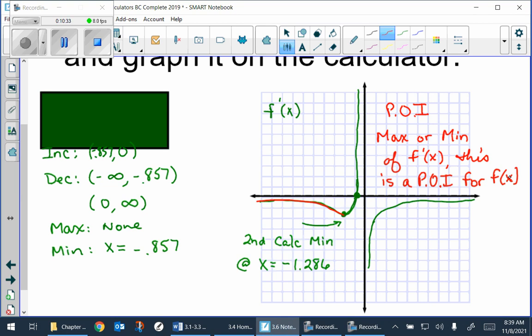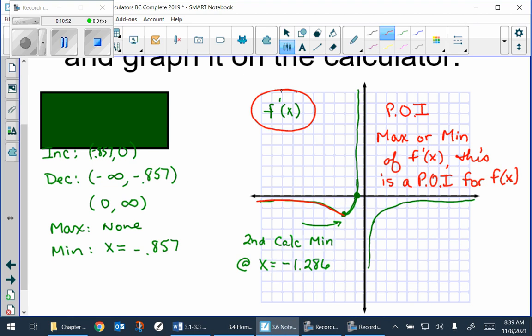So again, we can find everything looking at the derivative. Wherever there's a max or a min, the concavity is going to change on f of x.